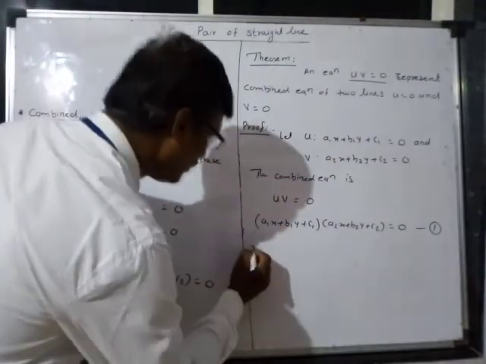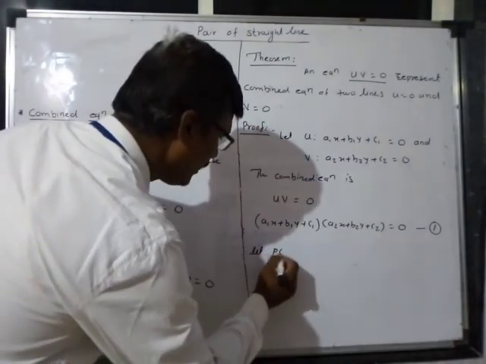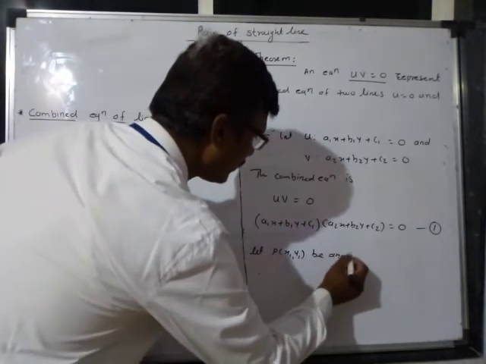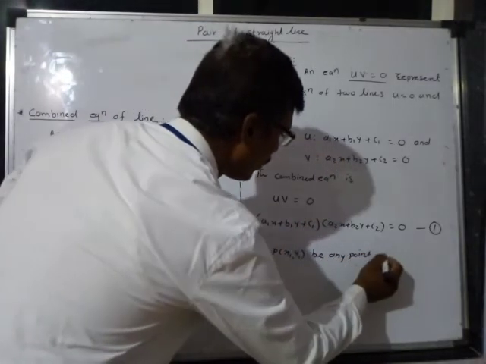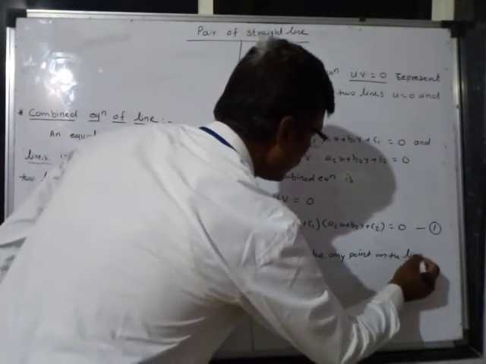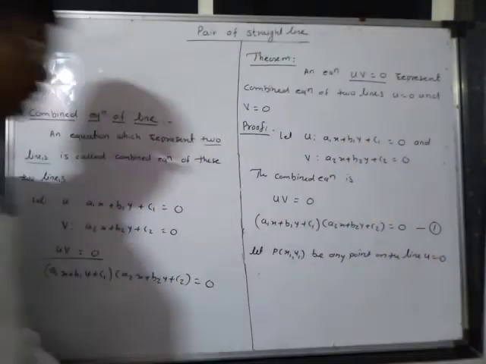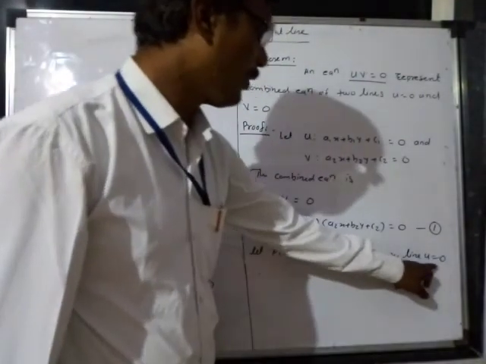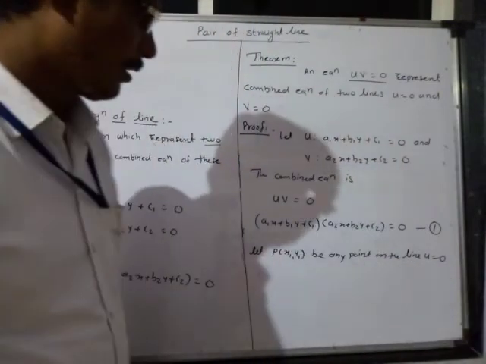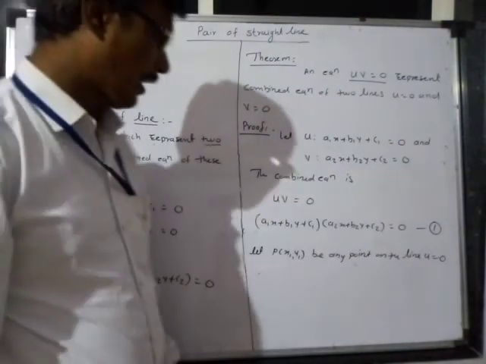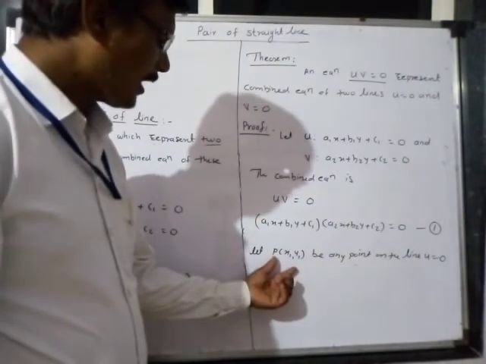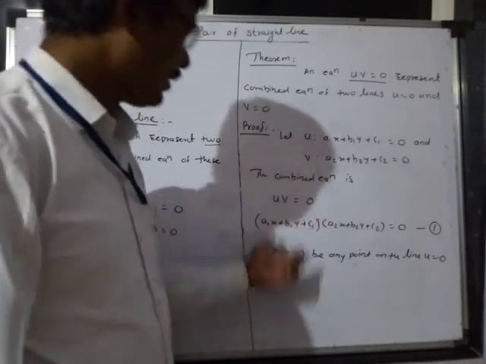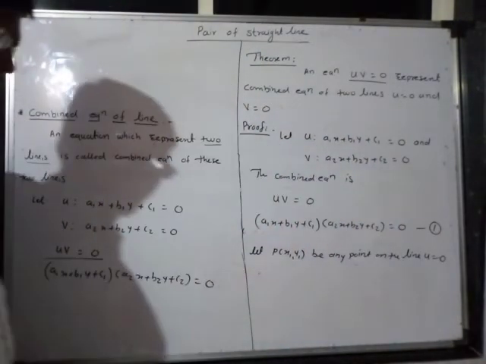Let P(x1, y1) be any point on the line u is equal to 0. समजा P(x1, y1) हा कोणताही एक पॉइंट या u is equal to 0 वर आहे. जर हा पॉइंट u या लाईनवरचा असेल तर त्याने u या लाईनचं इक्वेशन सॅटिस्फाय केलं पाहिजे.